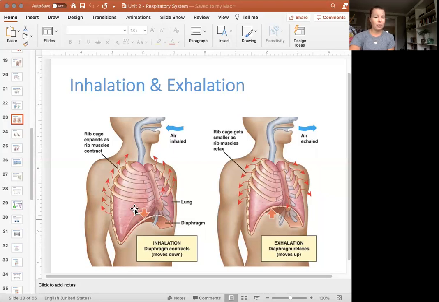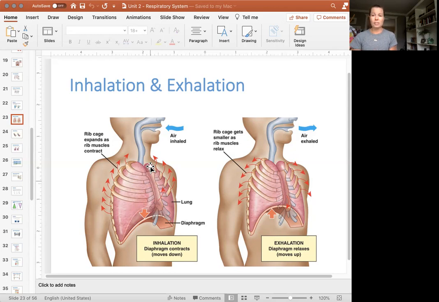You can see that from the arrow here. Right above the diaphragm is the thoracic cavity, so if the diaphragm moves down, that is going to increase the size of the thoracic cavity. The lungs are elastic, they are stretchy, so they will expand to fill that greater area. That means that the volume within the lungs is going to increase.